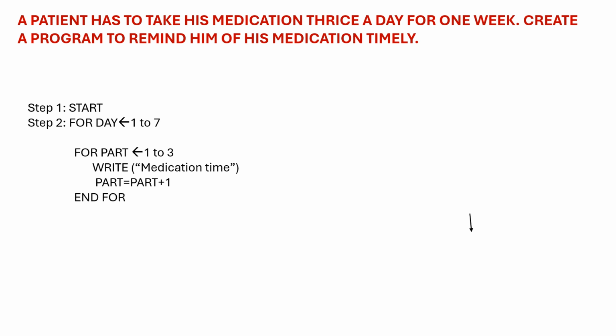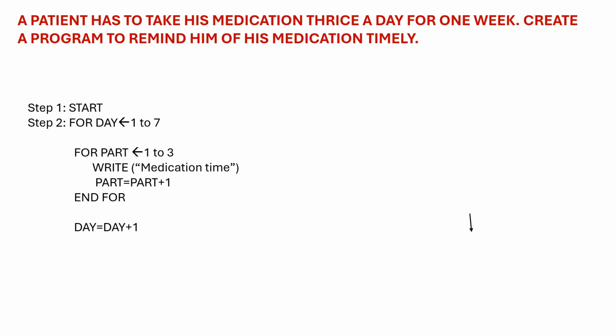But this time, since it is not a part of the condition in the inner for loop, it looks for the end for loop and it comes out of the inner loop. Hence, it moves on to the next step, which is day 2. It has incremented day 1 to day 2 now, and it looks for the condition, yes, 2 is within the limits for days.